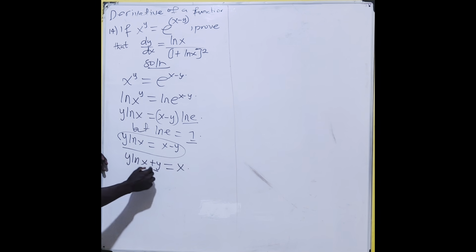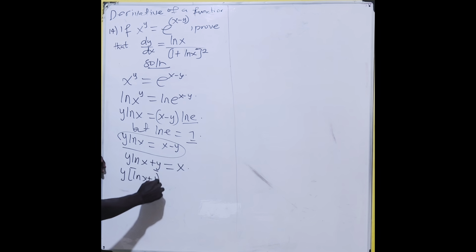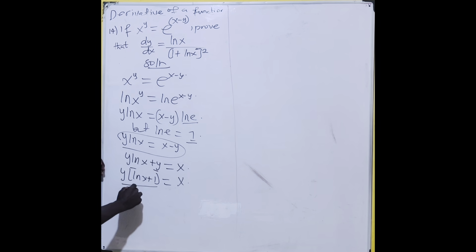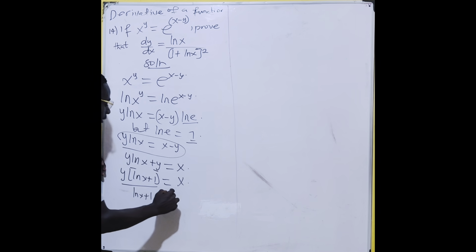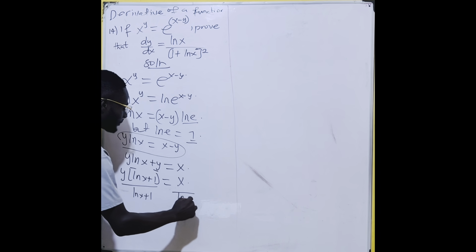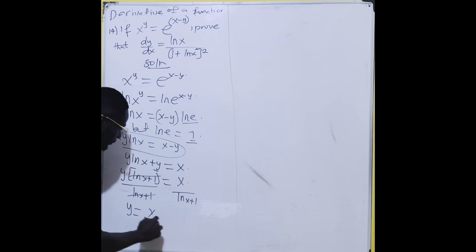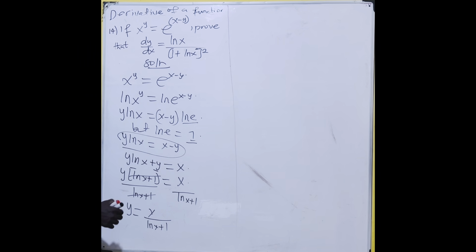So when we factor y out, we have y into ln x plus 1 equals x. Divide here by ln x plus 1, divide here by ln x plus 1. So this takes off this. Then we have y equals x over ln x plus 1. Okay, so before we can differentiate this, it means that we have to use the quotient rule.